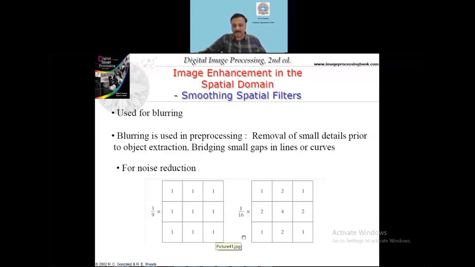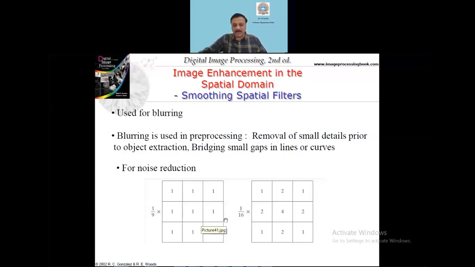Observe one more thing. If you add all these weights, you will get 1. Because, for example, 1 by 9 added 9 times gives you 1. This also you can do: add all of them. 4 plus 8 is 12, plus 2, 4 is 16. 16 by 16 is 1.